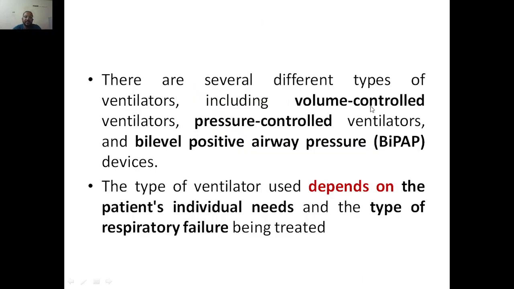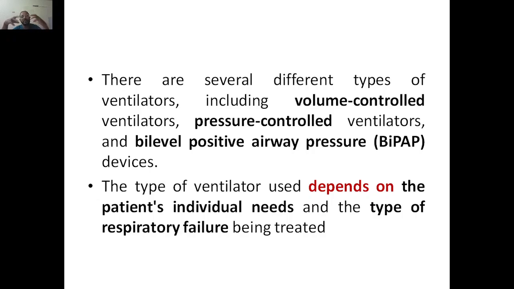So there are several different types of ventilators, including volume controlled ventilators. That means based on how much quantity of air you want to control, how much air needs to be given inside, air in, or how much air should be taken out. That is called volume controlled ventilators. Then we have pressure controlled ventilators.